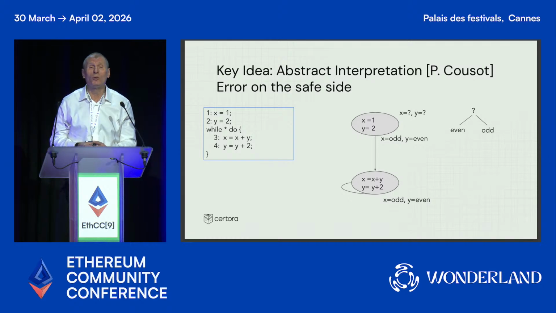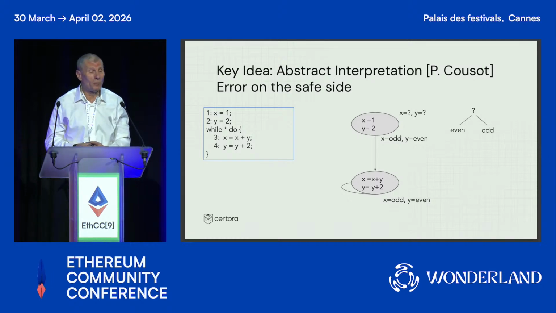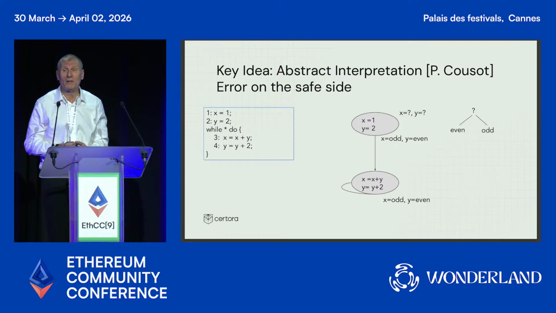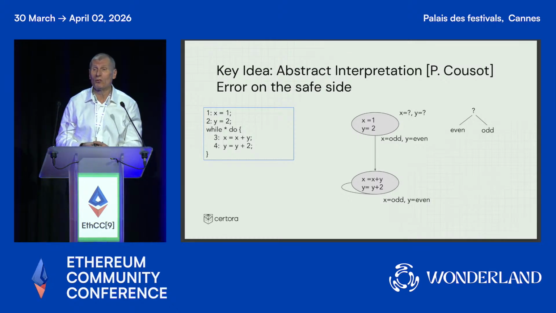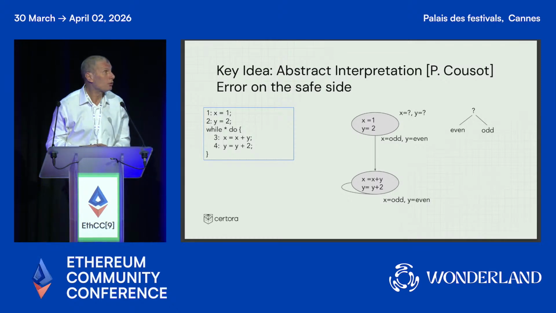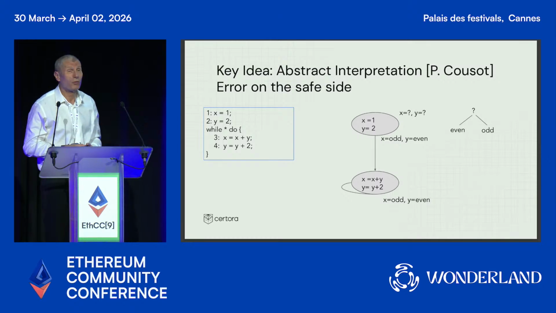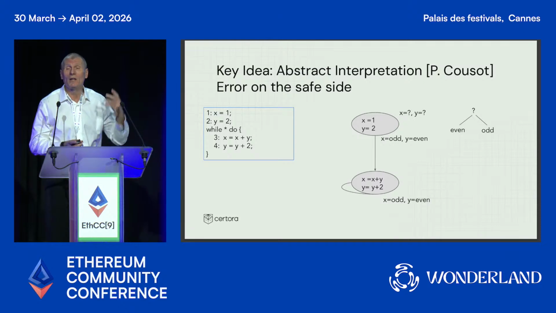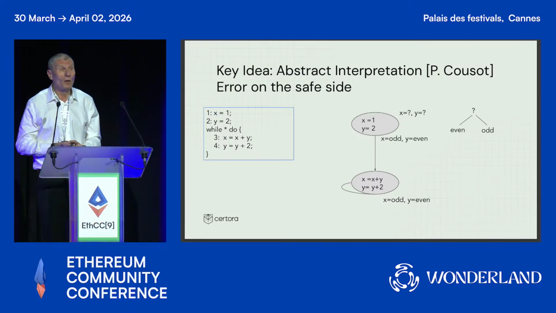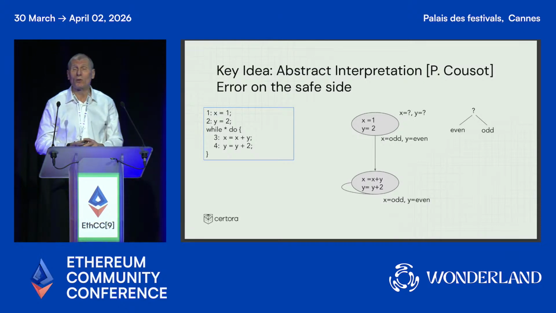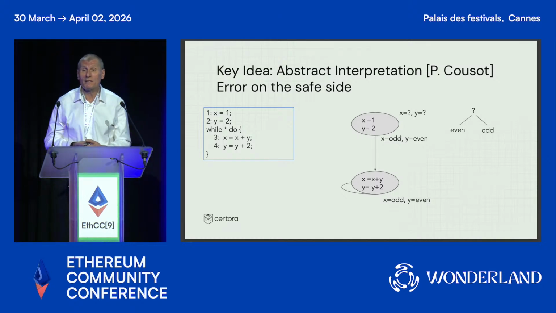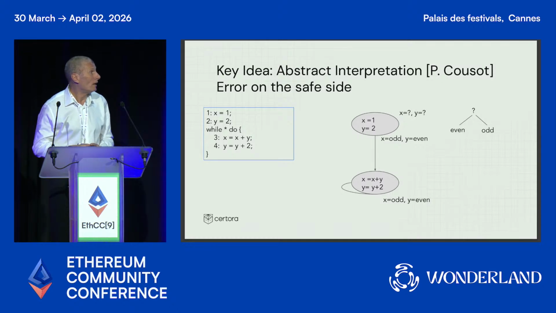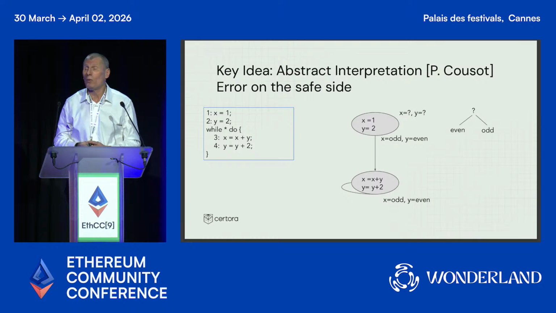Here you see a program that manipulates integers, and this program has loops, and we don't know how many iterations there are. But even though we don't know how many iterations there are, we can still figure out some properties. For example, the values of x and y can range over arbitrary values, but we can infer properties of them without running the program. In this case, we can infer that at the loop, x is odd and y is even.